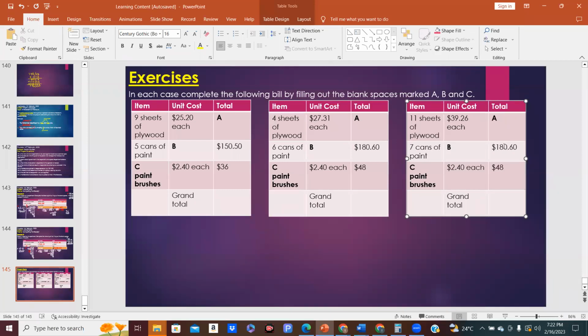This is 21.70. Consider this a 60. All right.